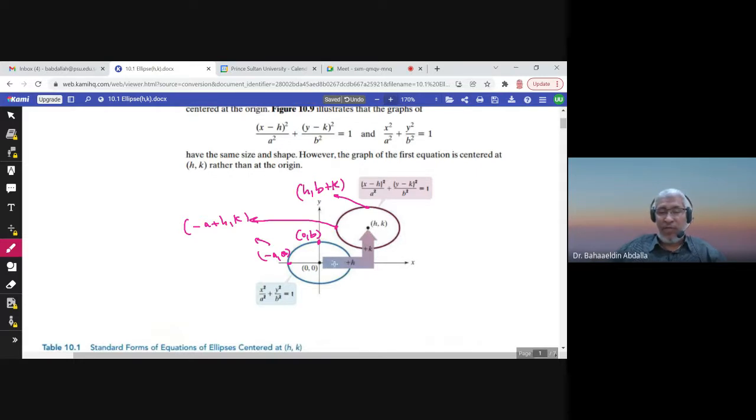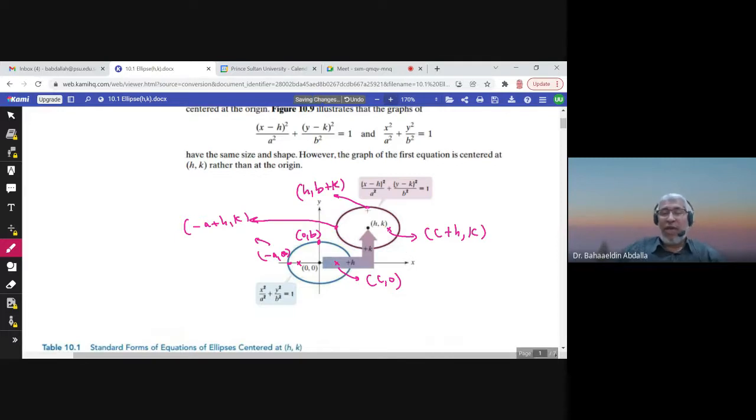The focus, for example, there was a focus here and a focus here, two foci. The coordinates of this focus, if you remember, is c and 0. So the focus here now would have coordinates: add h to the x coordinates, add k to the y coordinates.